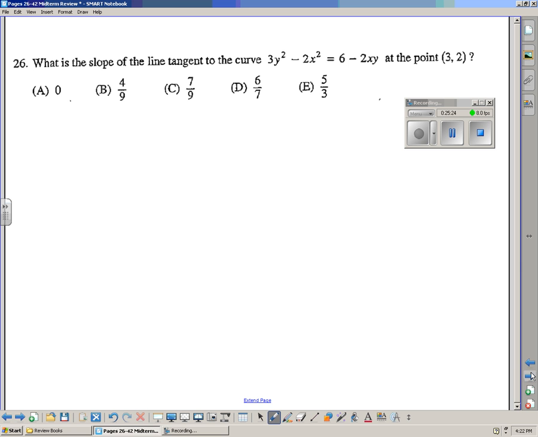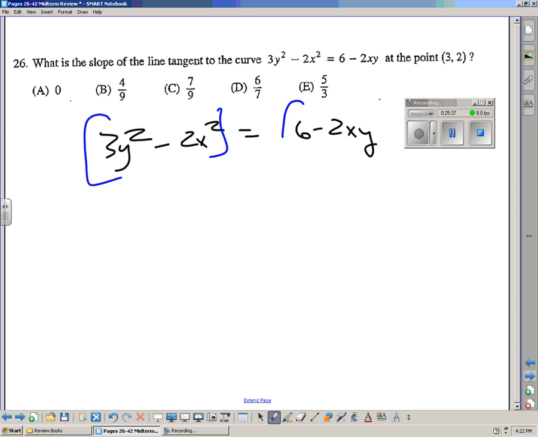26, what is the slope of the line tangent to this curve at the point (3, 2)? We're not solved for y, so we will have to use implicit differentiation to get the derivative. Take the derivative with respect to x on both sides.